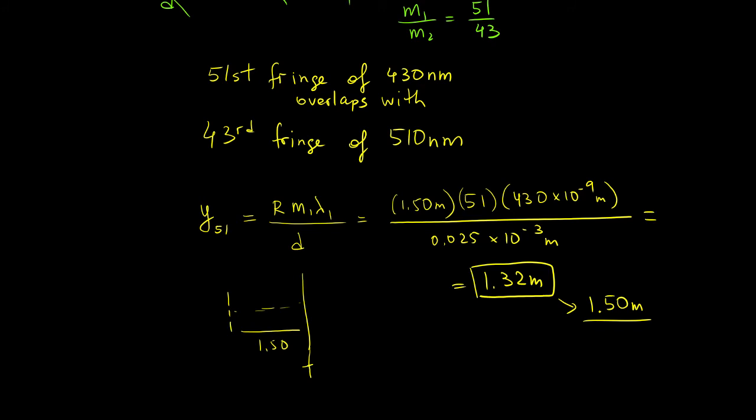So 1.32 would be from somewhere here to here, which means this angle is not a small angle anymore. Remember, our expression for positions was found just for small angles. So our expression that we used here is not valid anymore.